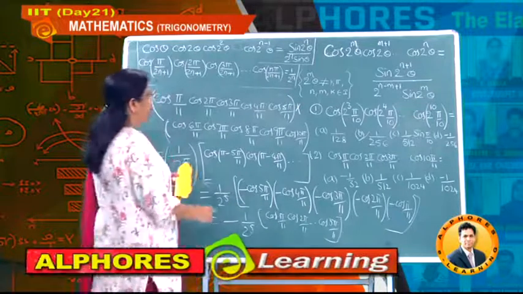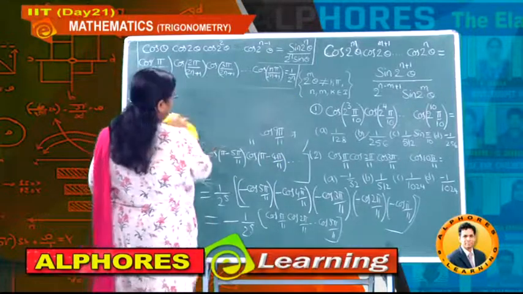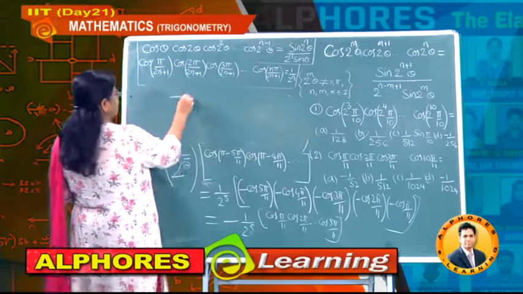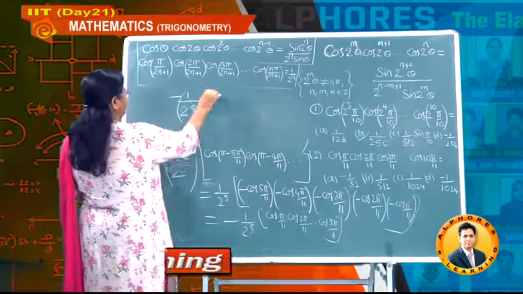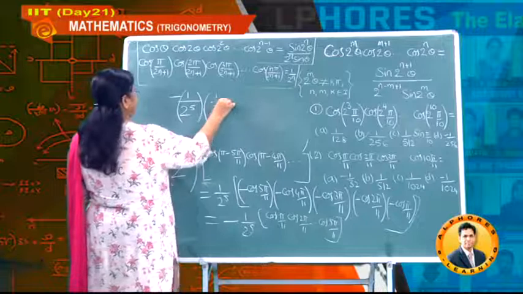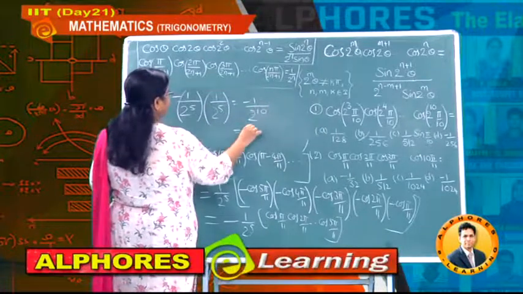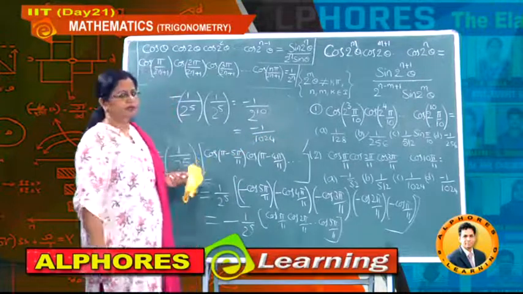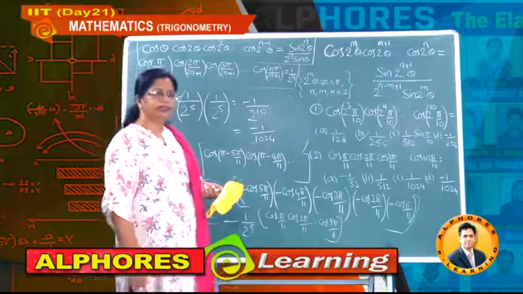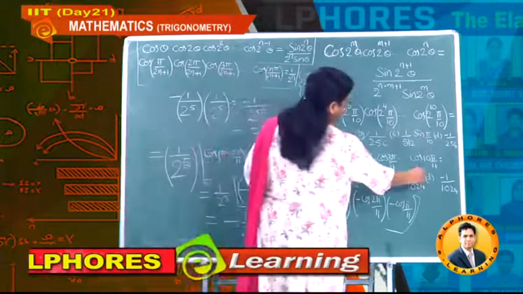Complete answer to this problem is nothing but minus 1 divided by 2 to the power of 5, and again one more 1 by 2 to the power of 5 you got, and that is minus 1 by 2 to the power of 10, and 2 power 10 is nothing but 1024. Okay. So therefore, finally what is our answer? Minus 1 by 1024. This is the answer.